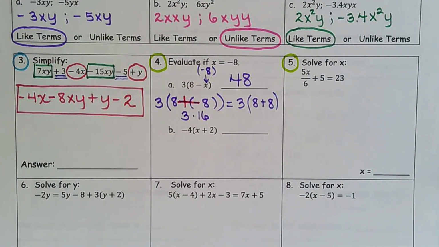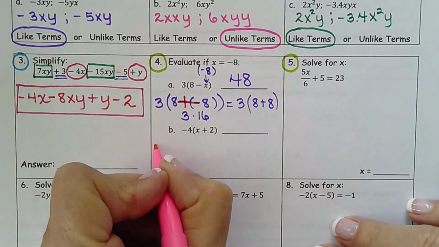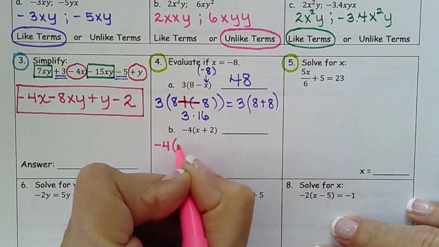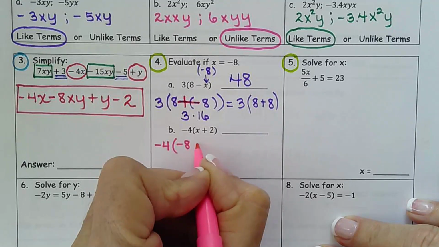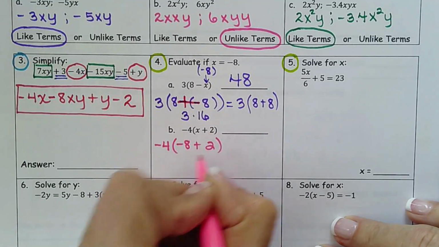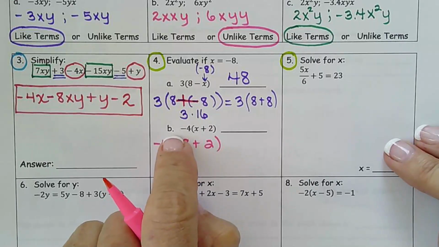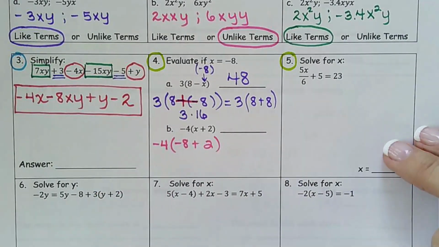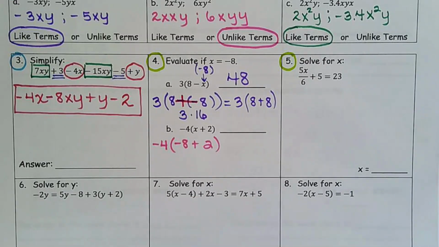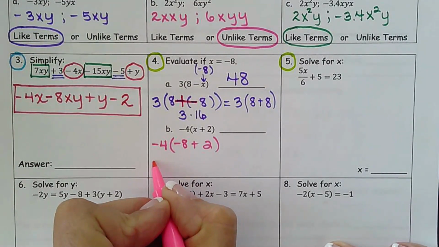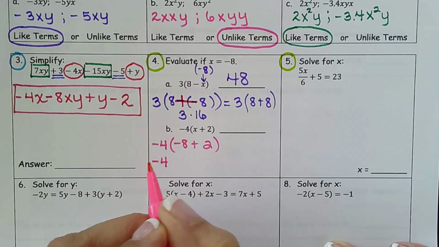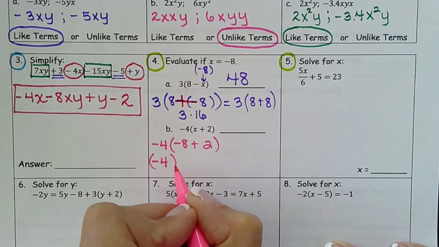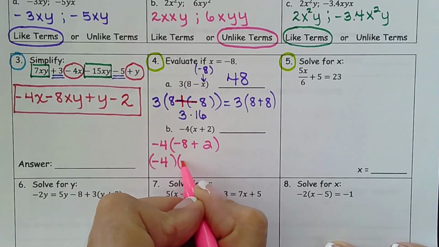Okay, so on this next one, we have -4 parentheses -8 plus 2. And I don't need to worry about the parentheses because there's not a double negative there. But if you put -8 in parentheses, it's absolutely not wrong. And again, I would do this the same way I did the other one. -4, I'm going to put it in parentheses, and then -6.